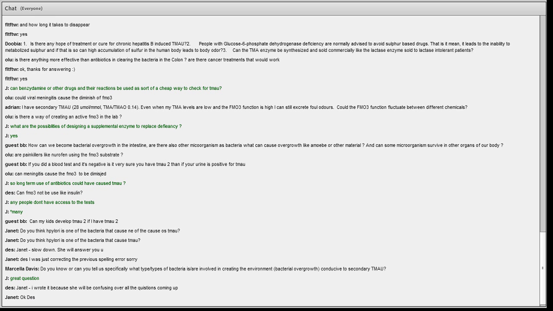If the enzyme is defective, yes, it's possible that it could work better with one chemical than another. It just depends on the chemical, and that's true.